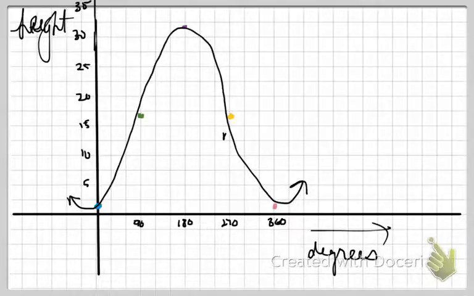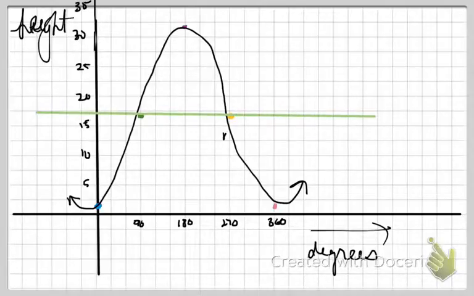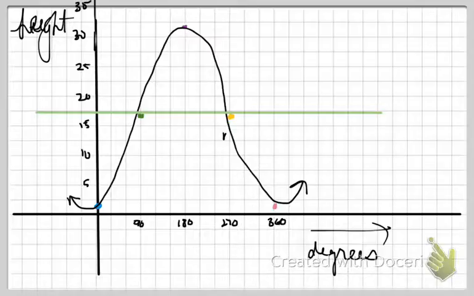Oh, and I also said that we were going to take a look at our graph here. So remember, when we talked about these functions, we talked about the c-value line, which we know to be at 17. And this midline, or the c-value line, tells us exactly where our sine function starts, which is 90 to the right.